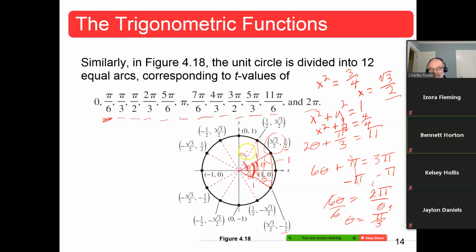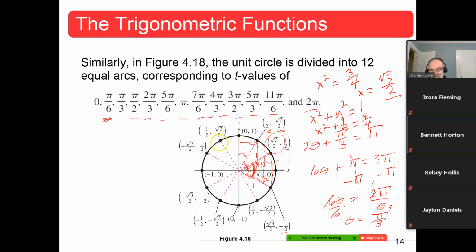They add to be pi halves. So if this is pi thirds, that's pi over 6. Then this has to be 1/2 right here. Just like the y value was 1/2 here, that means the x value is 1/2 here. So this value, the x is 1/2, making the y root 3 over 2. And this one we already knew was (0, 1).